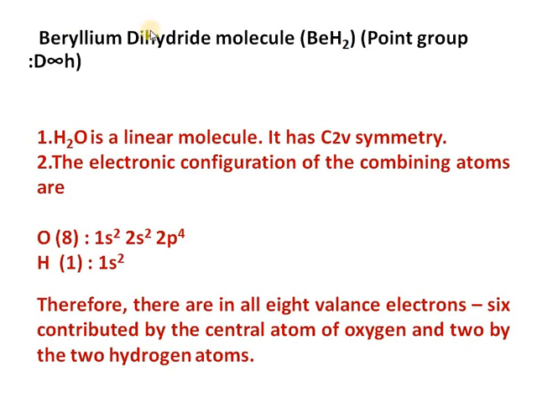Last time, beryllium dihydride molecules were also discussed, but you know that beryllium dihydride and water molecules have similarities. However, the beryllium dihydride molecule is a linear molecule, therefore its geometry shows the D infinity h point group. But water molecule is not linear, though it can be shown as linear.